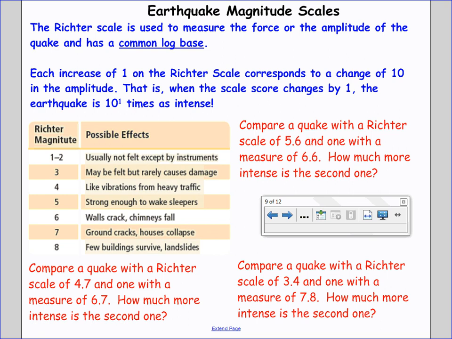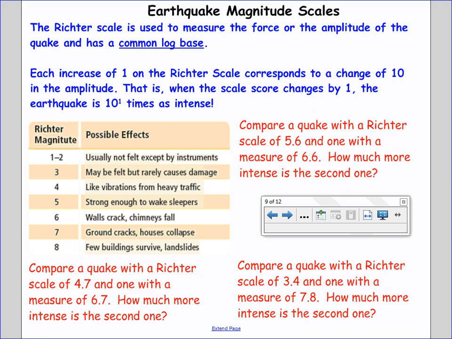The nice thing about logarithms is that they take widely varying, very huge quantities, like the force exerted when two plates grind together and cause all this damage, and put them on a nice convenient scale. Here we've got a nice 1 to 8 scale where we can measure things. It condenses the wide variance of those values into a convenient scale.